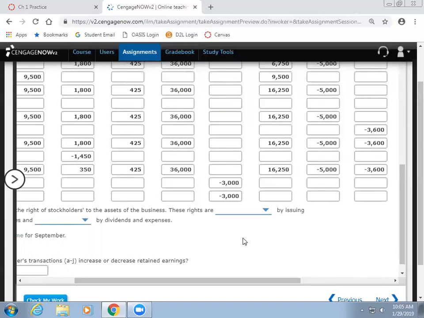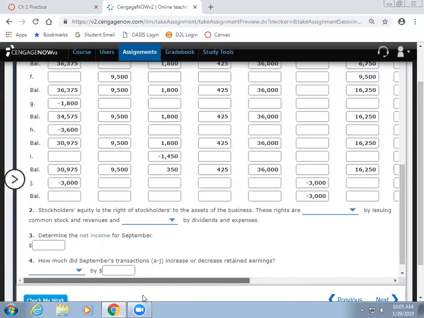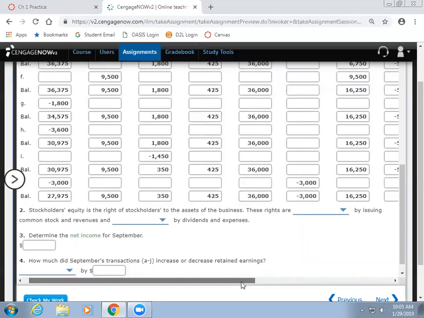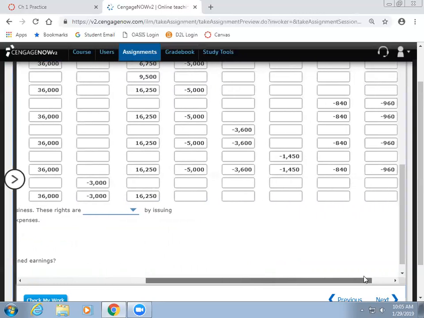And then we've logged all the transactions, so we just need to do our final balance. So at the end of this month, our cash is now what? $27,975. Accounts receivable is $9,500. Supplies are $350. Accounts payable $425. Common stock $36,000. Revenue $16,250.